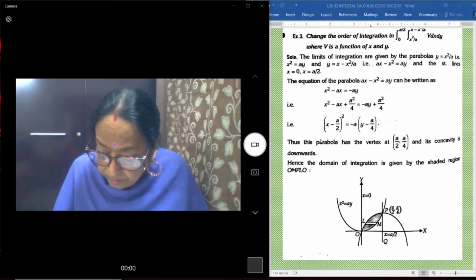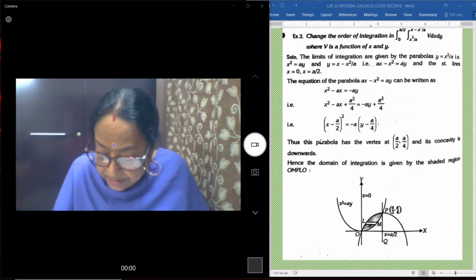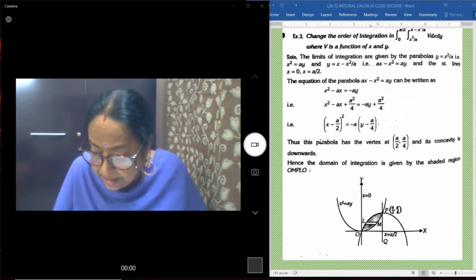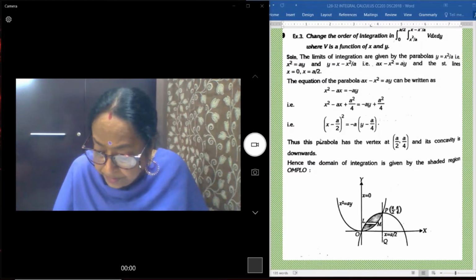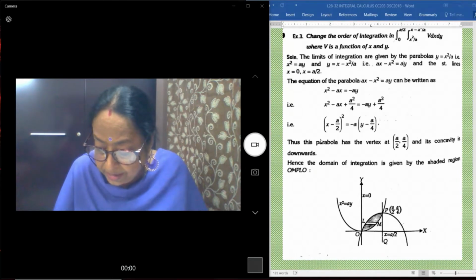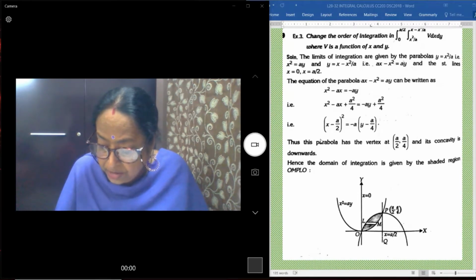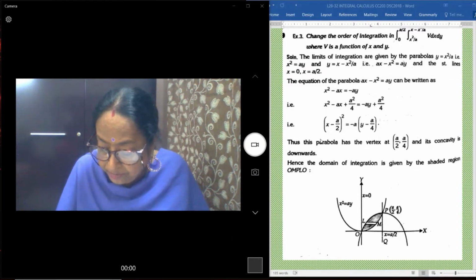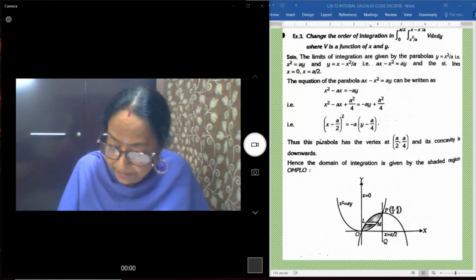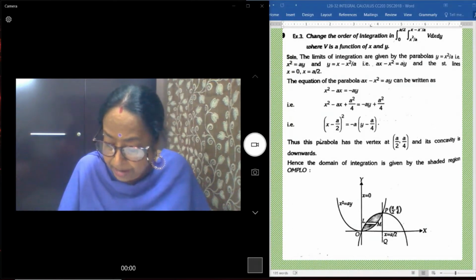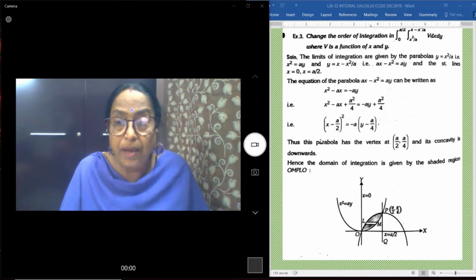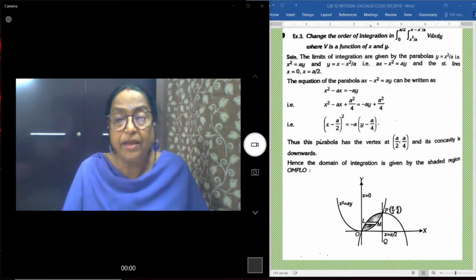The equation of the parabola ax minus x square is equal to ay can be written as x square minus ax is equal to minus ay, which after calculation becomes x minus a by 2 the whole square is equal to minus a times y minus a by 4.